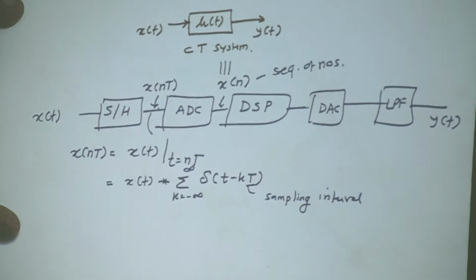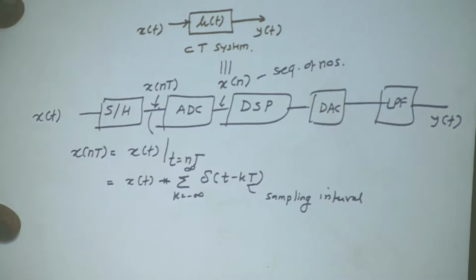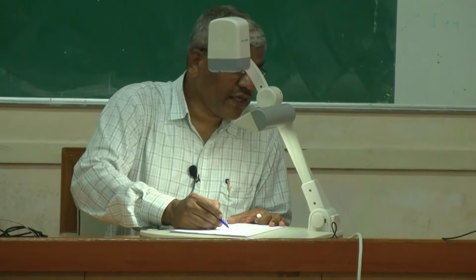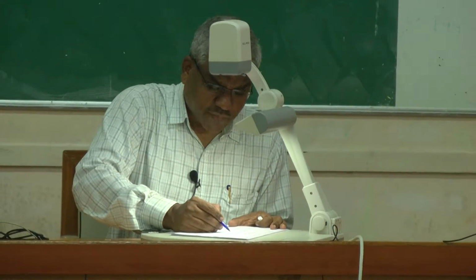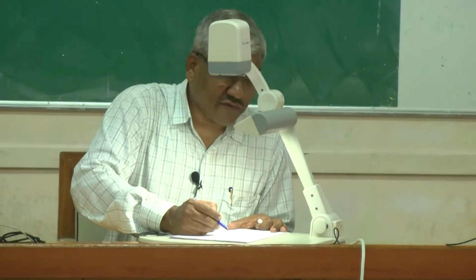Say for example, a digital low pass filter, or a moving average filter, or a smoothing filter. Each one of them will have a different algorithm, and this algorithm can be implemented either as a program running on a general purpose processor, or as a separately designed processor for the particular purpose. So this DSP could be a general purpose or a special purpose processor. It is processing a sequence of numbers.